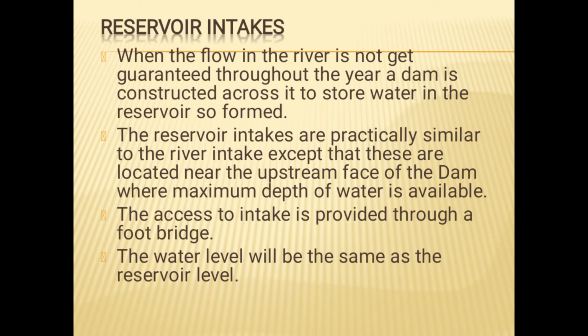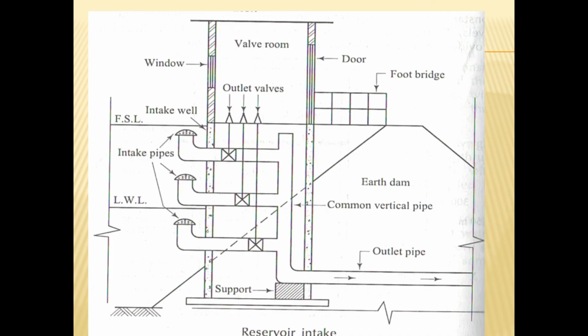The water level will be the same as the reservoir level. This is the reservoir intake. Here three screens are provided according to the water level of the reservoir. Water enters the inlet pipes, that is, the intake pipes.